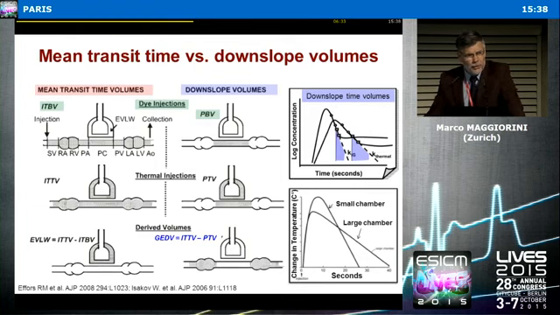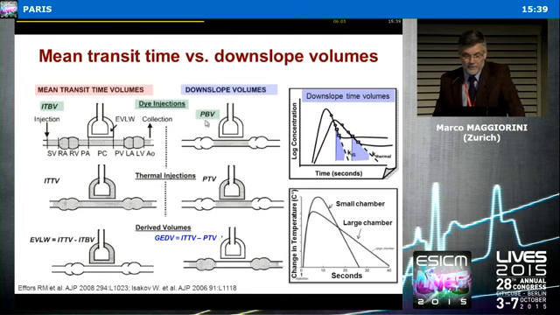If we go further and think about what other parameters can be measured from a thermodilution curve or an indocyanine green curve, there are the downslope volumes. The downslope volumes of both curves indicate the water content of the largest of the cavities that are crossed by the indicator.